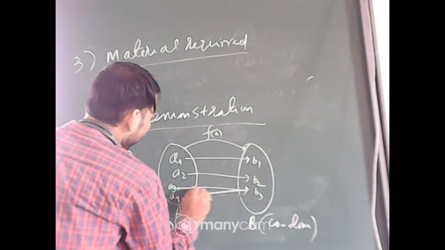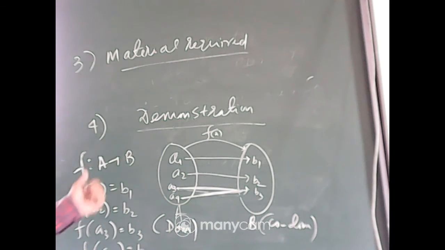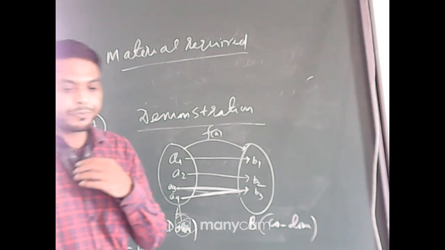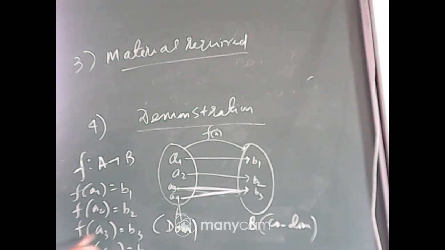So a3 and a4, both points go to b3. So that is many to 1. f of a3 is b3 and f of a4 is also b3.